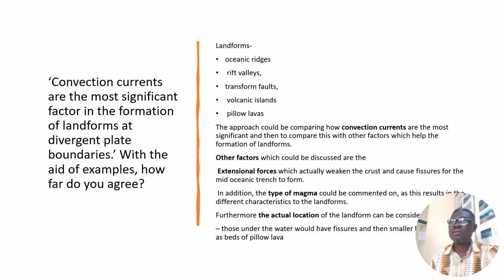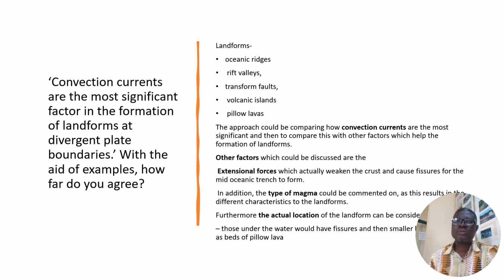Look at this question: convection currents are the most significant factor in the formation of landforms at divergent plate boundaries. Have you seen the nature of questions they ask? In all cases, they draw either a process out of it or one factor. You have to explain that point given, and then draw in other factors that work together to give the landform.